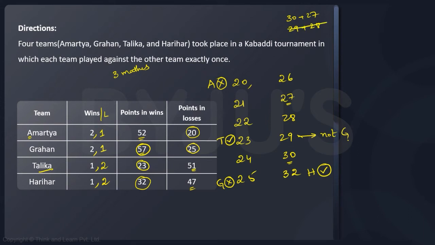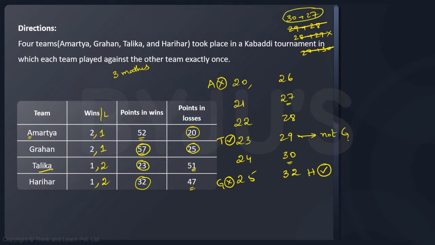Again, if you go one step lower, it becomes 28 plus 29, and Grahan did not get this. If you go lower, it becomes 27 and 30. That's it. These are the only possibilities. So effectively, there is only one possibility, 27 and 30.